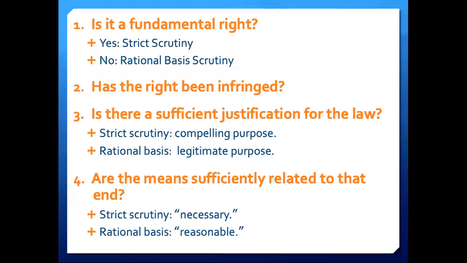And then, of course, we would do the means-ends testing. We would ask whether or not the justification for the law in the Zablocki case, of protecting children, whether or not we have a reasonable law that was furthering a legitimate state interest if we were on a rational basis scrutiny, or whether this law was necessary to further a compelling government interest.